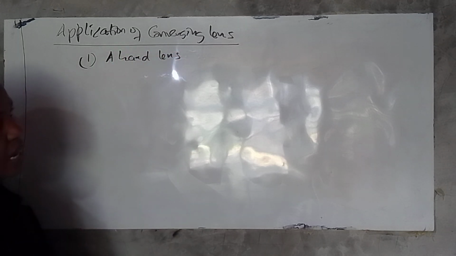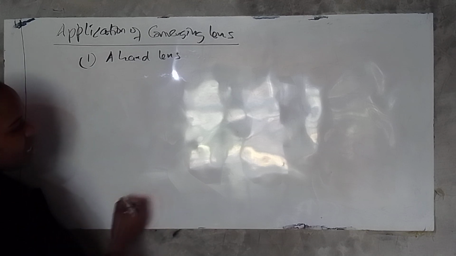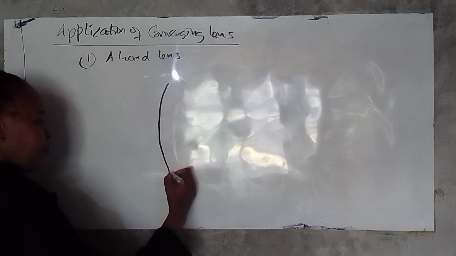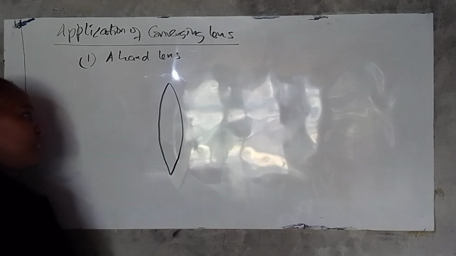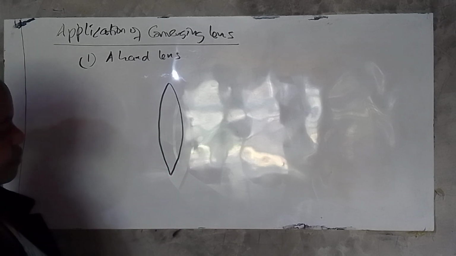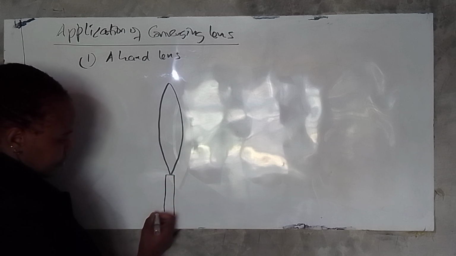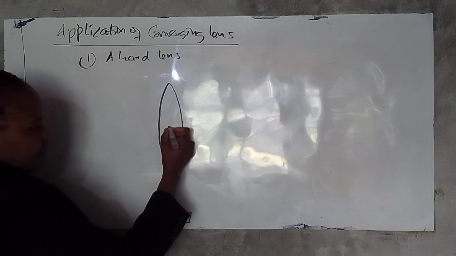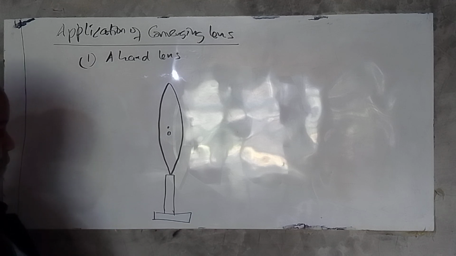What is the principle behind a hand lens? Let me draw the whole of it. Let's say you have chosen your hand lens, and you have put it on a support. That's your hand lens. Your hand lens has a center. By now you understand the center is the optical center.